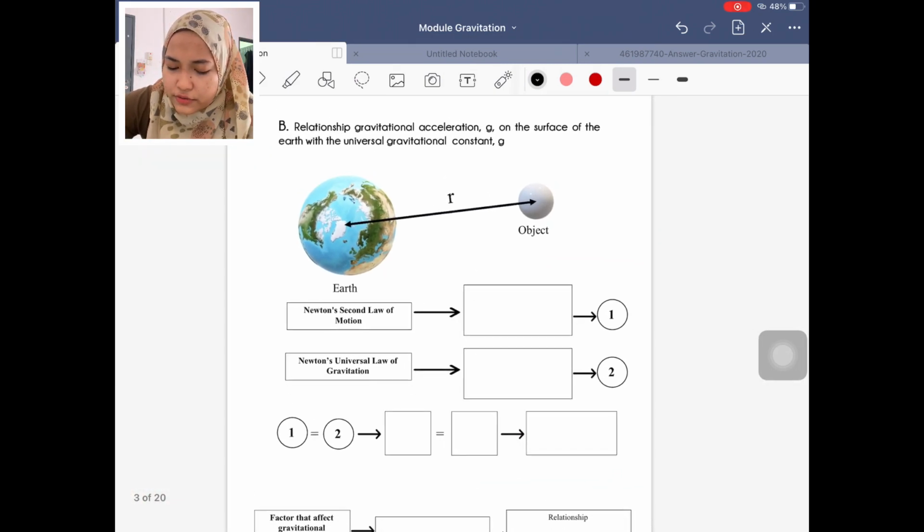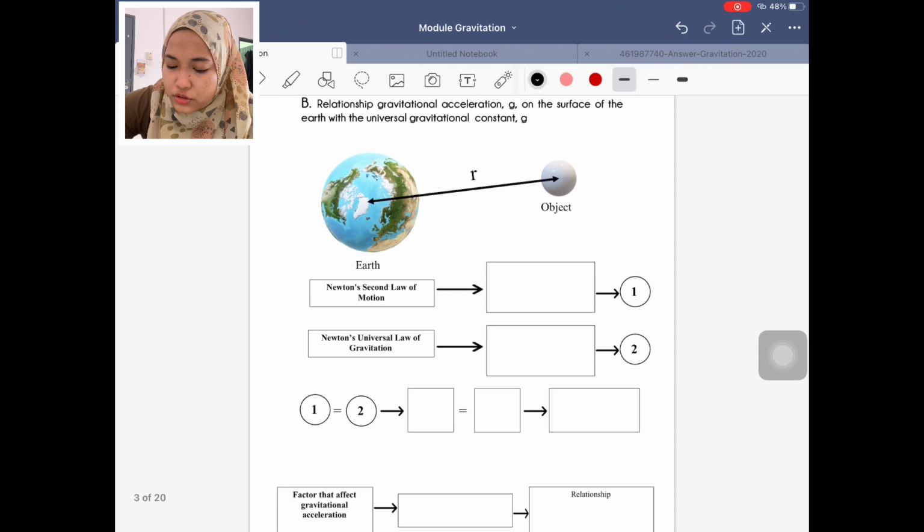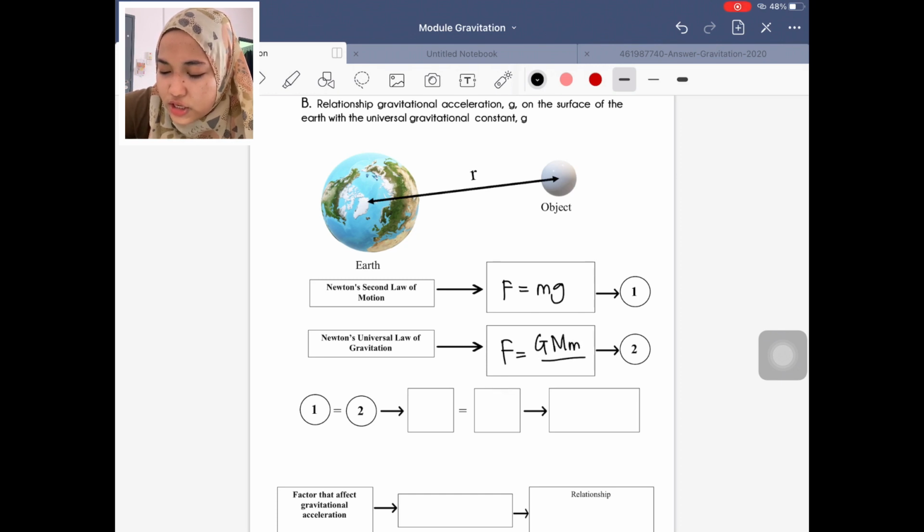So we have two things. The first one, Newton's second law of motion. Apa dia Newton's second law of motion? So we have F equals to mg, and also Newton's universal law of gravitation, so we have F equals to G M besar M kecil over R squared.